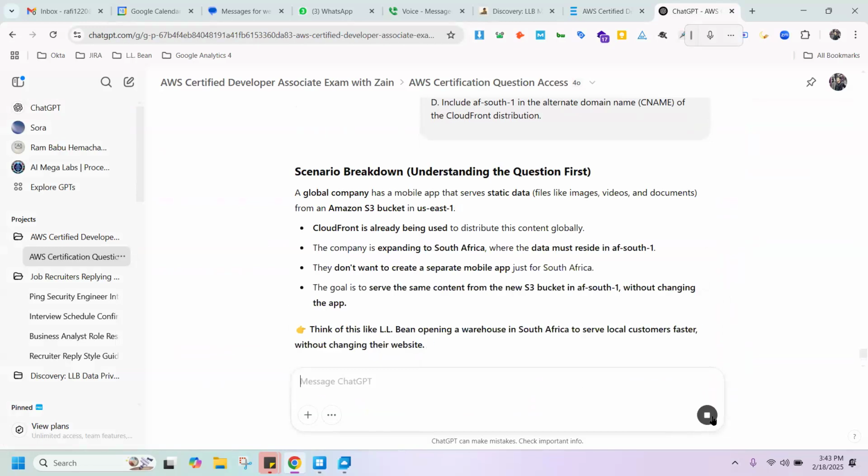A global company has a mobile app that serves static data, files, videos, and documents.